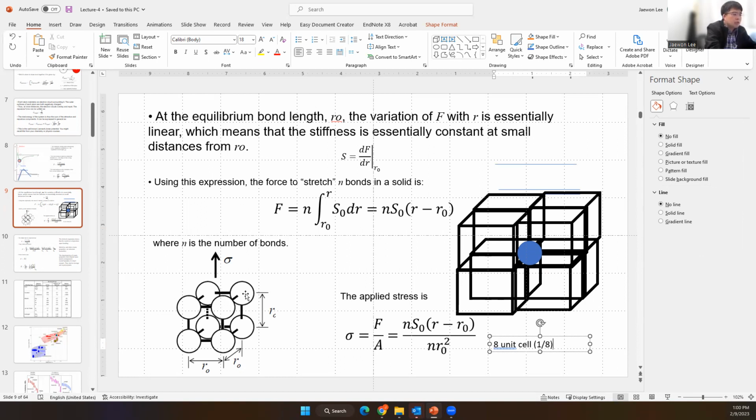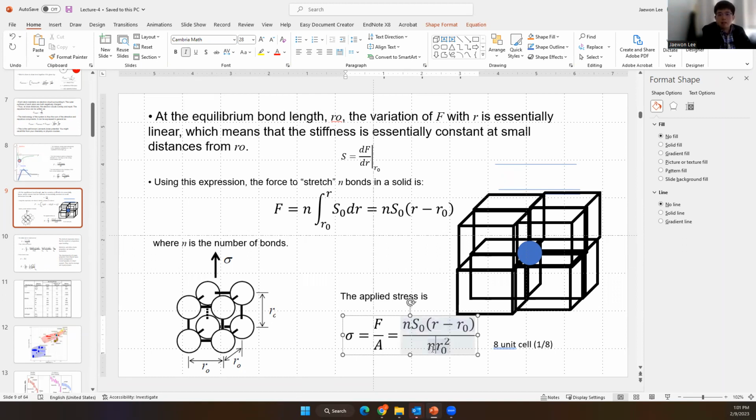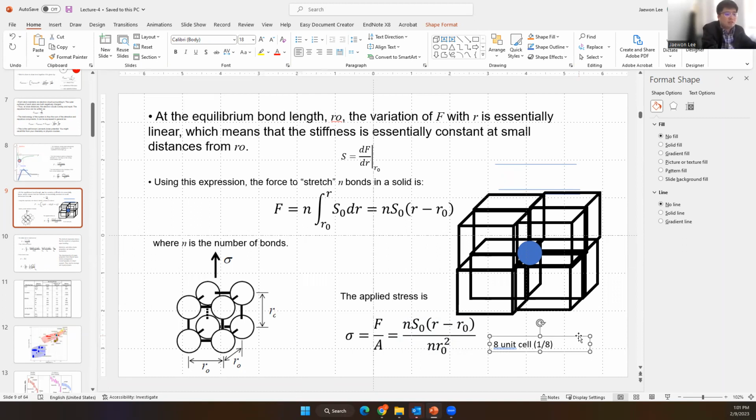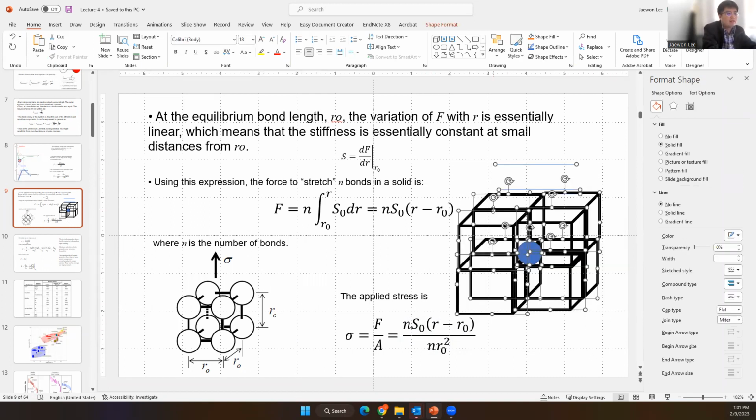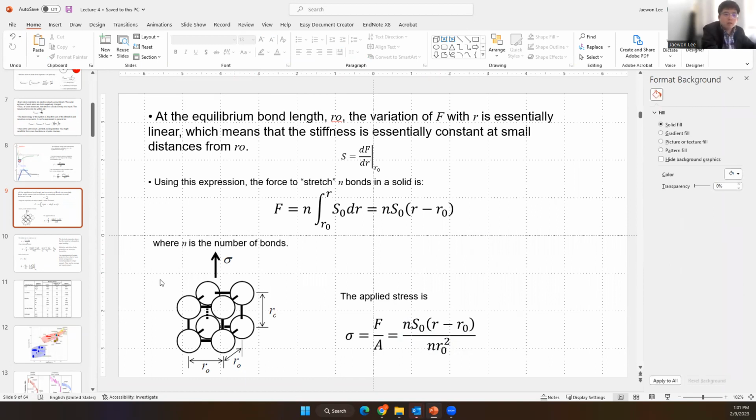So if we just focus on this one, there is a full bond. But if we consider the other crystal structures, this bond could be shared with the adjacent neighboring unit cells. Because of that, we can say this is N, this is N. Okay, are you okay?